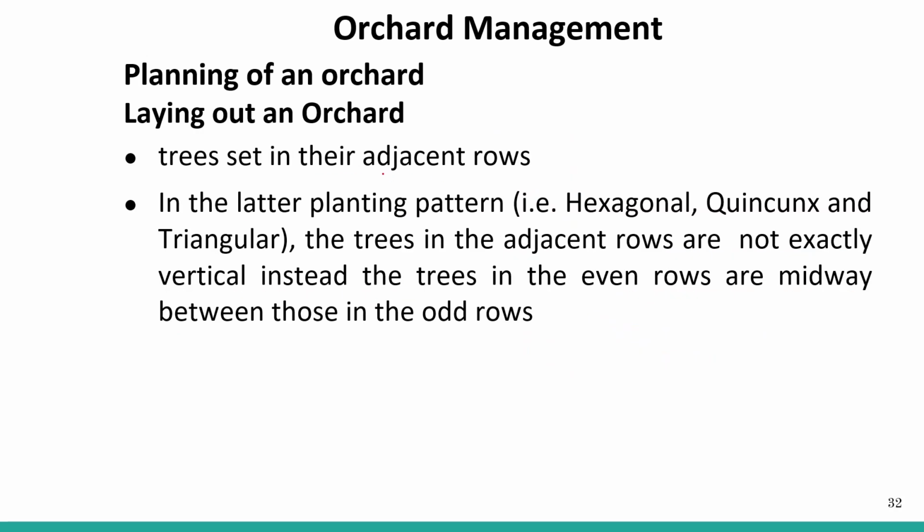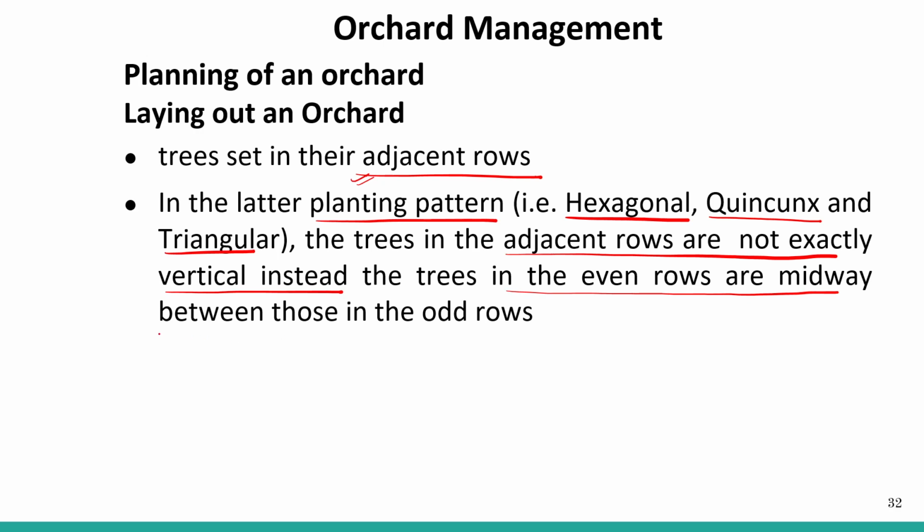In this system, the trees are set in adjacent rows. In the latter planting pattern, that is the hexagonal, quincunx (diagonal), and triangular systems, the trees in the adjacent rows are not exactly vertical. Instead, the trees in the even rows are midway between those in the odd rows.